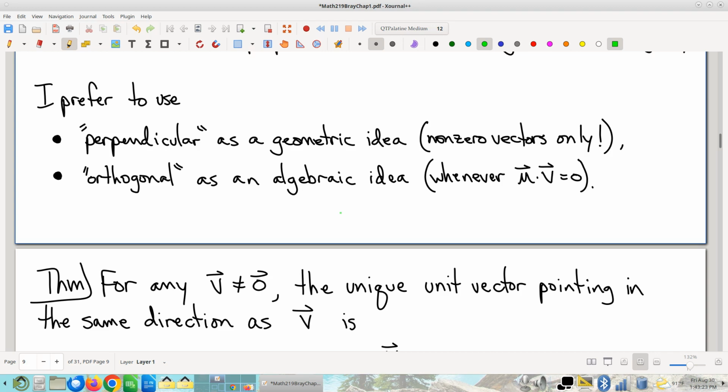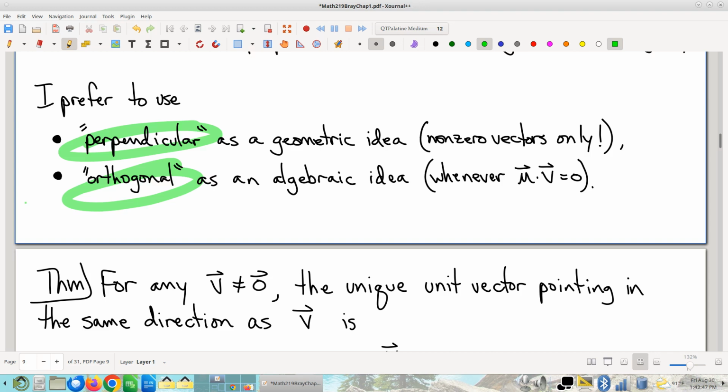So I think it's important to keep these two ideas distinct from each other. And we have the perfect tools for keeping these ideas distinct: we have two ideas and two words, so we can pair them up and make sure to use the right word for the right concept.